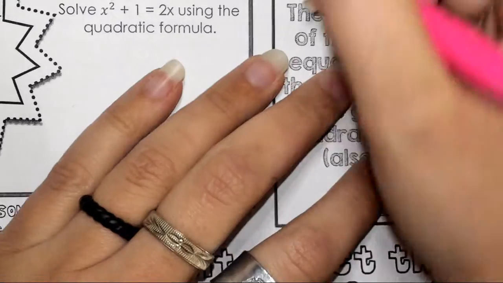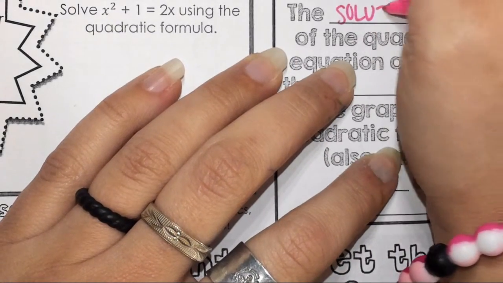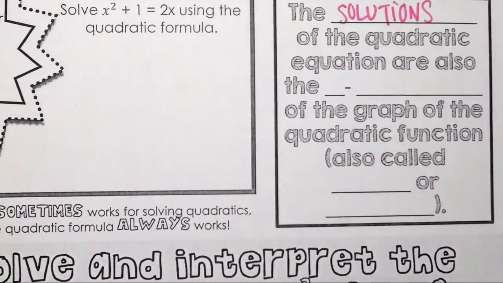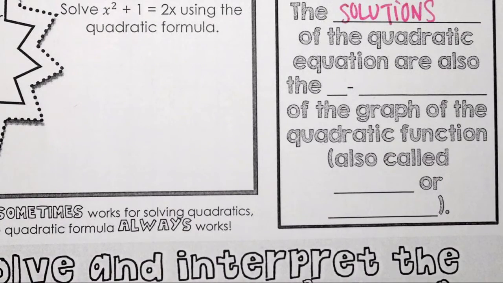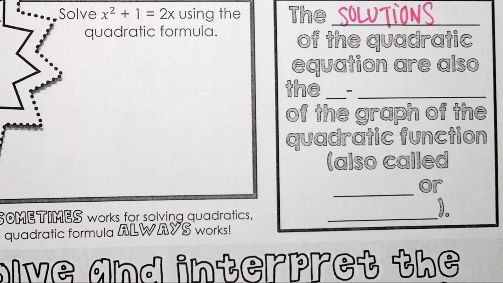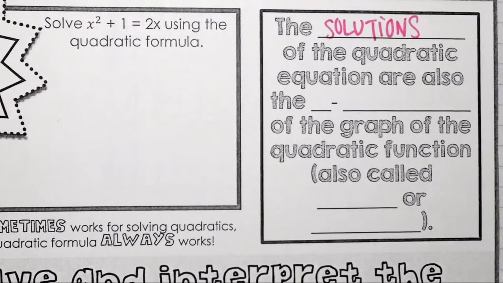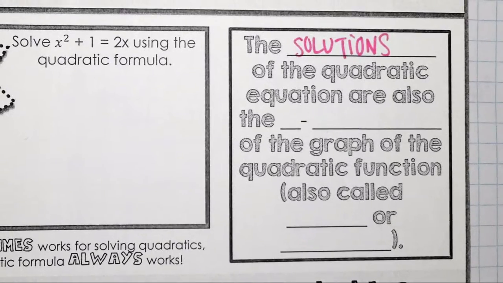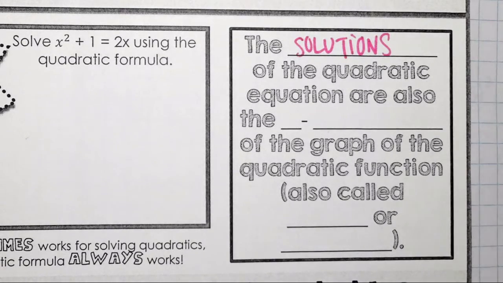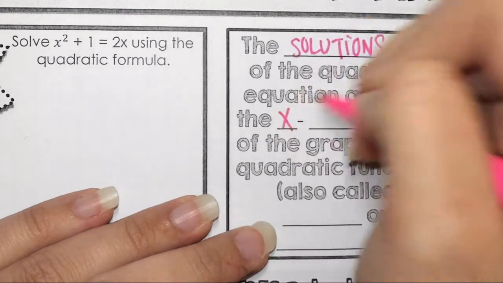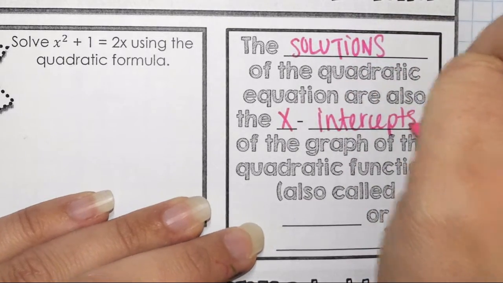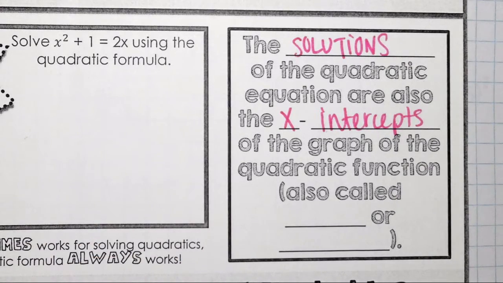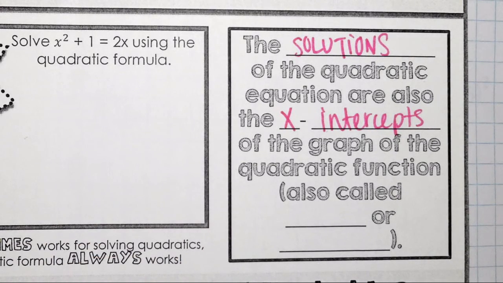So the solutions of the quadratic equation are also called the what? Starts with an X. It's 2 words. X-intercepts.